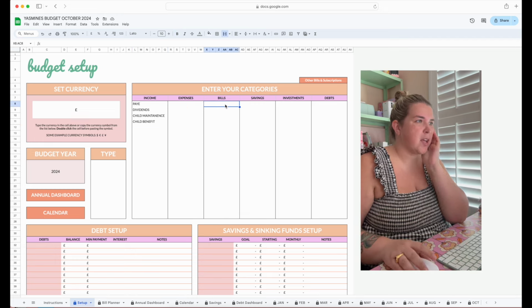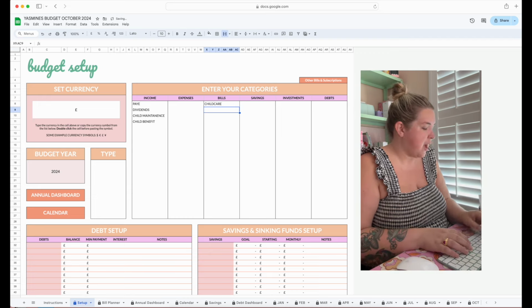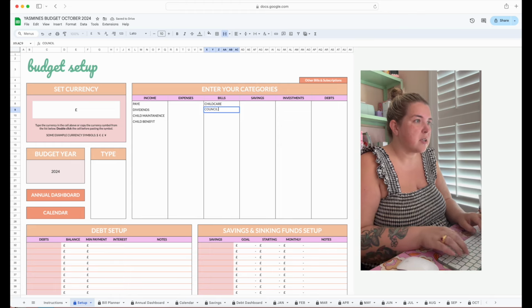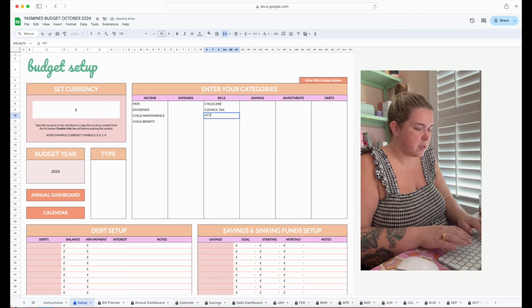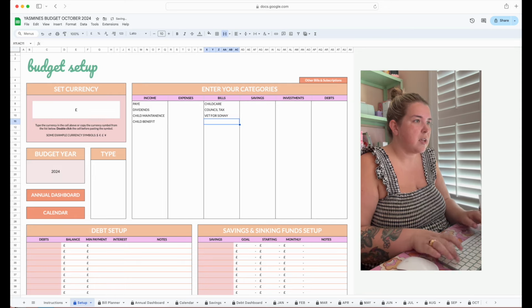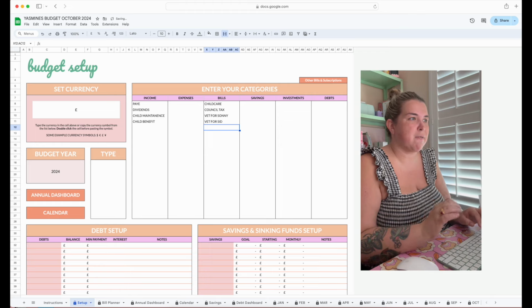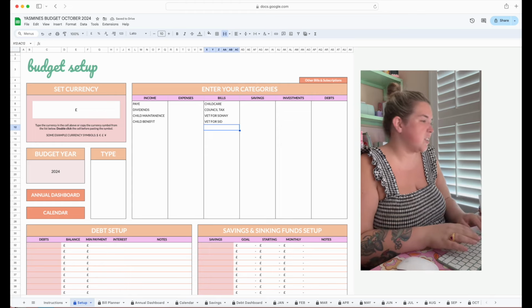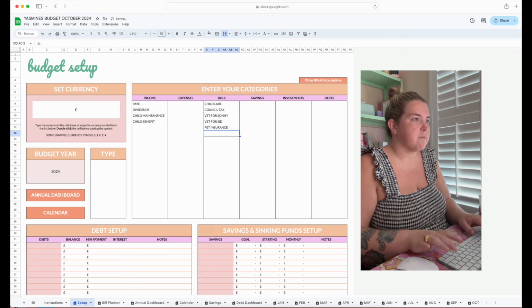Expenses I will do in a second, but I've got my bills here. So I have a childcare bill every month. I have council tax every month. I have vet for Sunny, vet for Sid. So that's like membership to the vet for both dogs, which covers their vaccinations and everything. Then I have pet insurance.